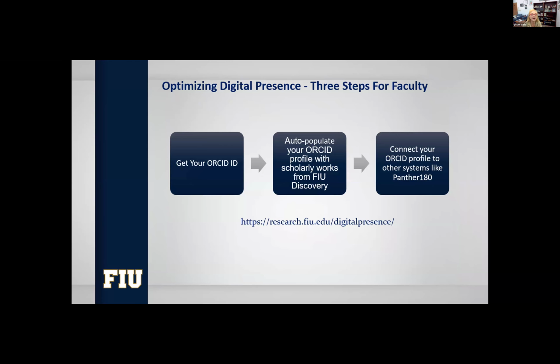You don't have to sit down and type things. This is going to automatically populate. Initially we had several steps, but again, we minimized it: get your ORCID ID, auto-populate your ORCID profile from FIU Discovery, and connect it to wherever you want to connect it to.